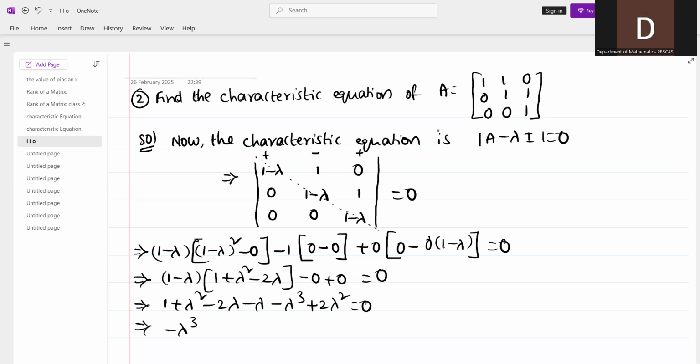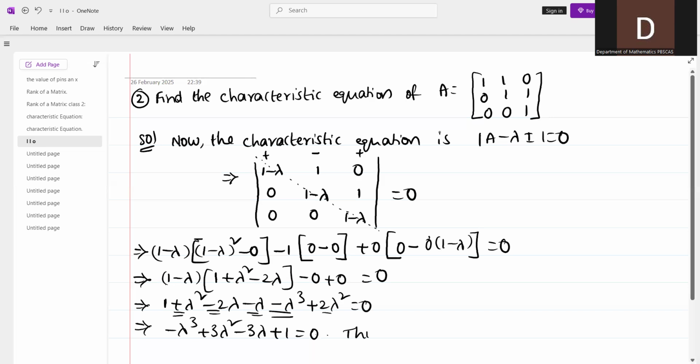Minus lambda cube, and here 1 lambda square and 2 lambda square plus 3 lambda square, and the lambda terms: minus 2 lambda minus lambda, so minus 3 lambda. And write the constants. Ayipindi, constants only plus 1, that is equal to 0.